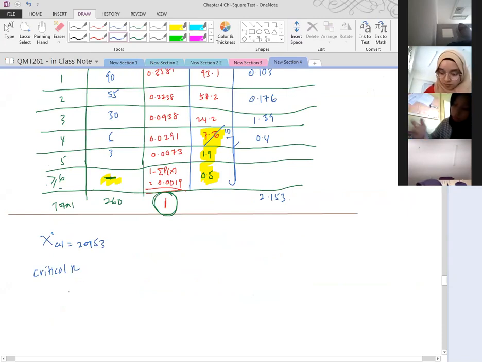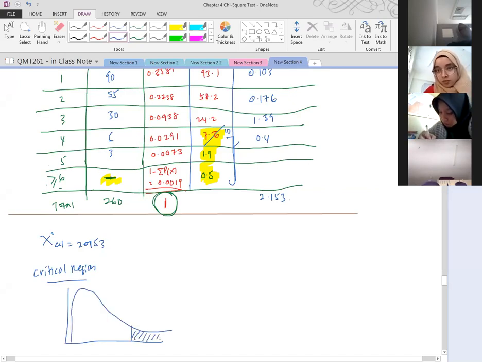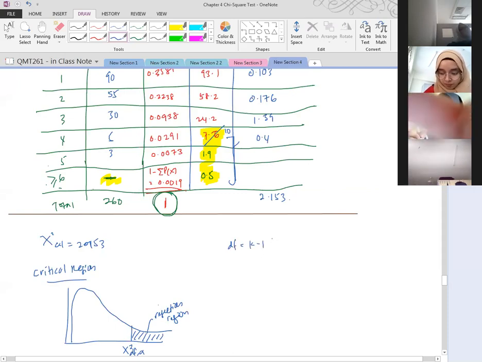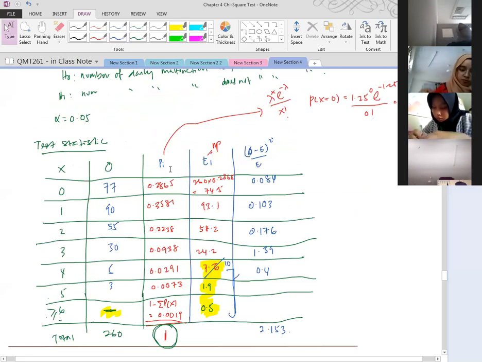So next we need to find the critical region. Our critical region is on the right hand side, still the same. This is the rejection region, and this is chi-squared, degree of freedom, and alpha. So our degree of freedom here is k minus 1. We need to minus another 1 because we are using the data to calculate the probability.